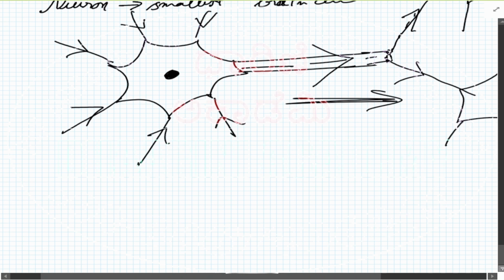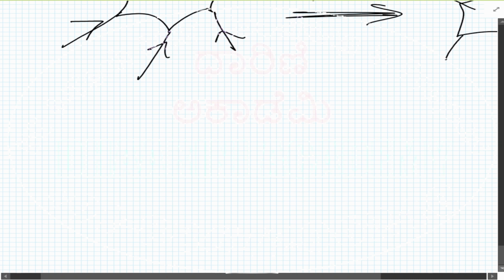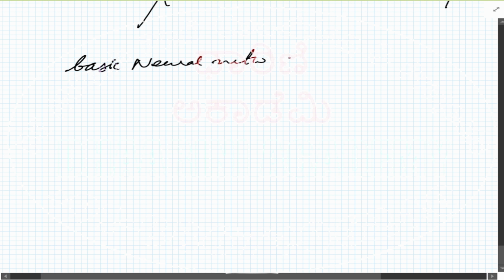So in neural networks, what happens, I'll tell you. When it comes to the basic neural network, you have three parts. The first part is the input.